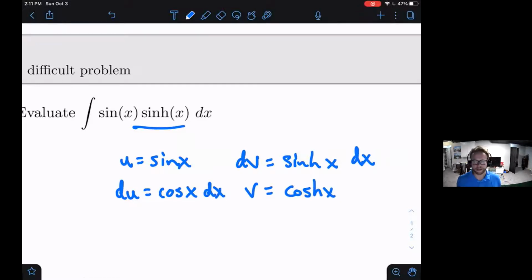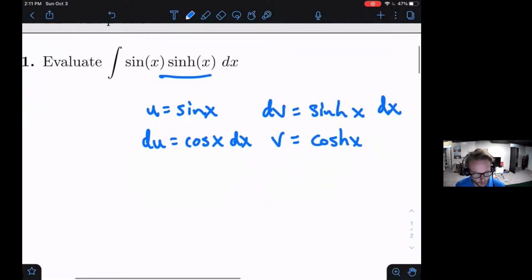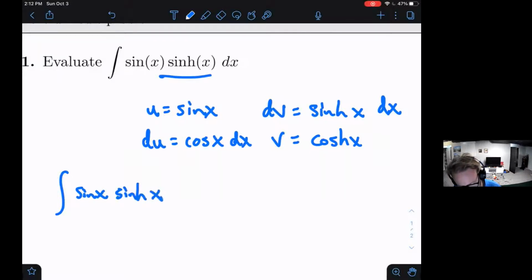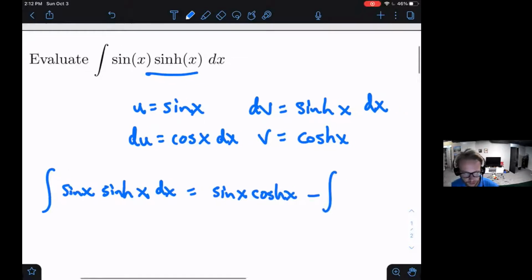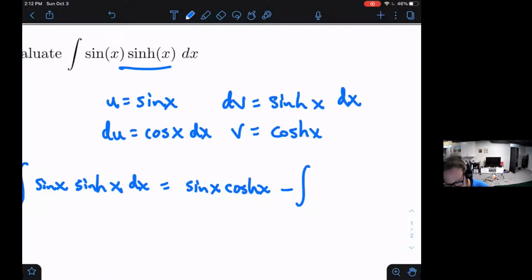And when I integrate hyperbolic sine, we get positive hyperbolic cosine. Okay, and so now I'm going to do a rewrite here that our integral is going to be equal to uv, so sine x hyperbolic cosine x, minus the integral of v du.